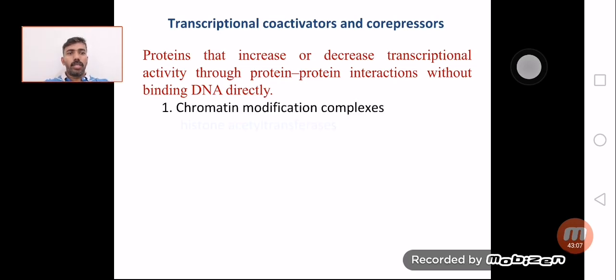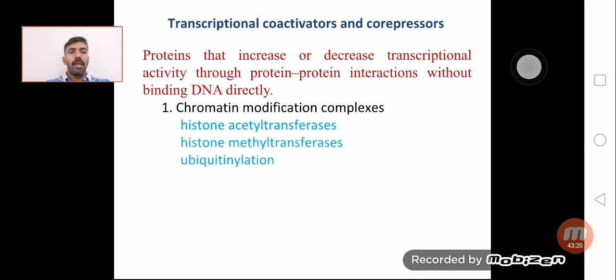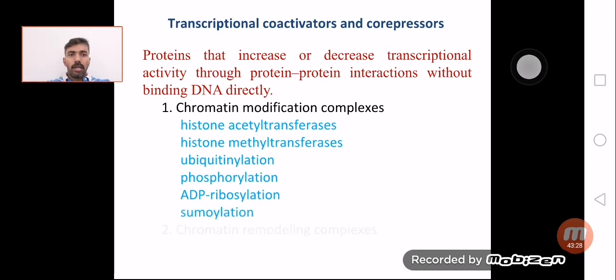So we have two such examples. One is the chromatin modification enzymes or the chromatin modification complexes, of which we can see many examples like histone acetyl transferases, histone methyl transferases, and the process called ubiquitinylation, then phosphorylation, ribosylation, sumoylation. So all those different reactions are involved in the chromatin modification.